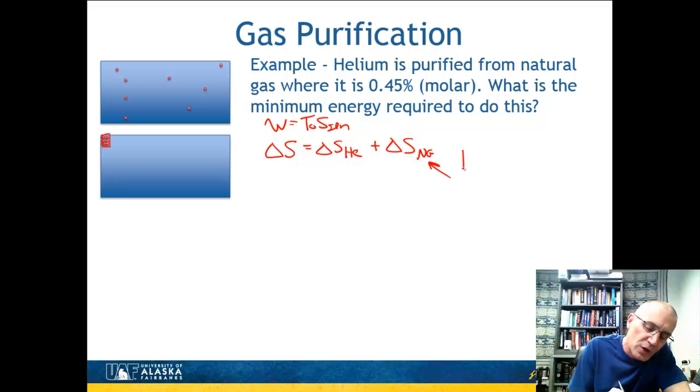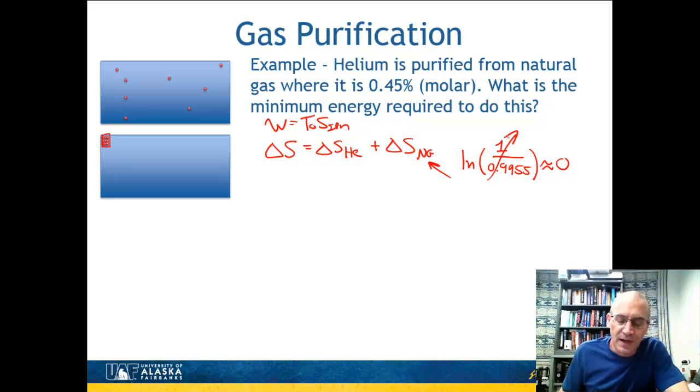For the natural gas term, the final is going to be 1 mole fraction, and the initial is going to be 0.9955, and that natural log is about 0. So there's not much entropy change in the natural gas. The one that really matters is the helium, so we'll focus on this first term.